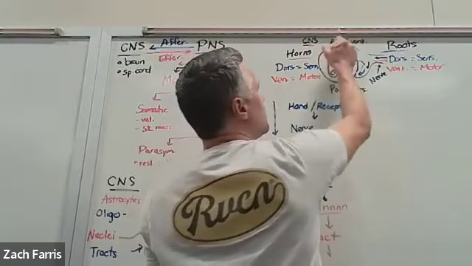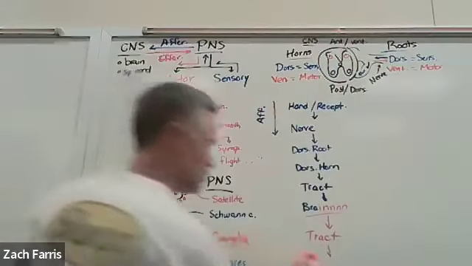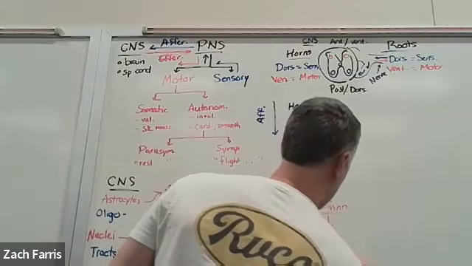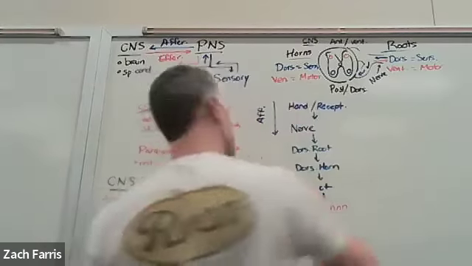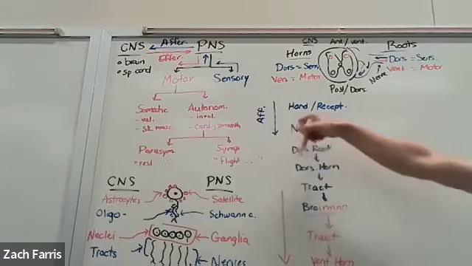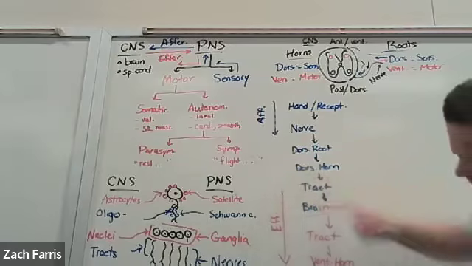Is everybody good on that? While we're on the ventral horns, your ventral horn is carrying motor information. And by the way, what word am I putting next to this red arrow? Efferent, efferent, whatever you prefer there.